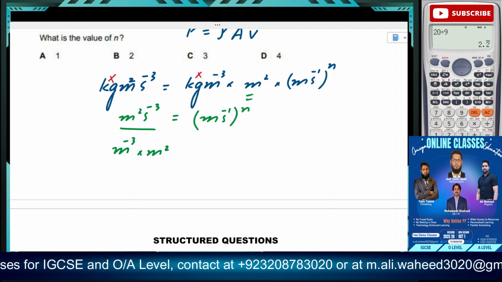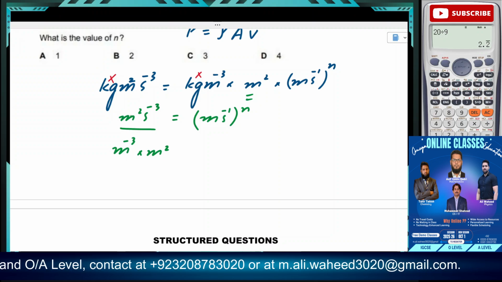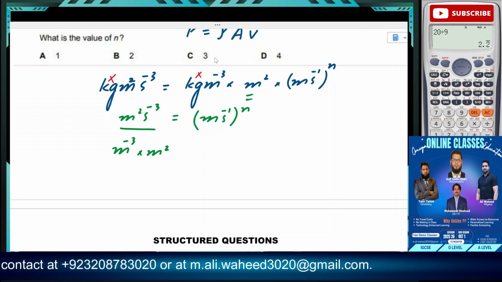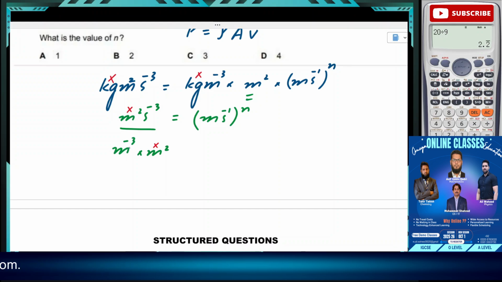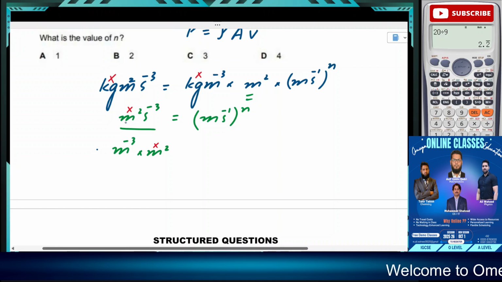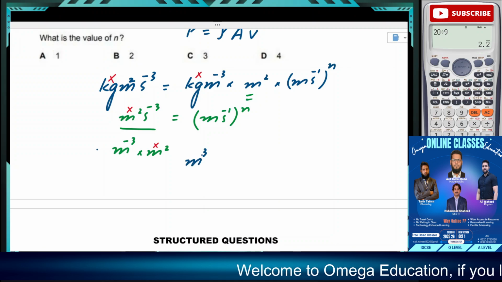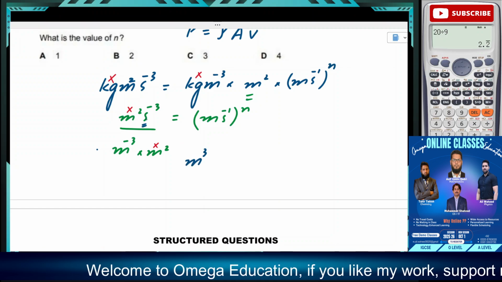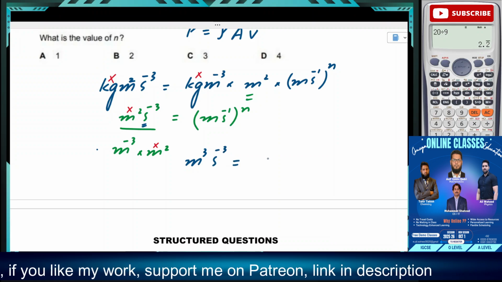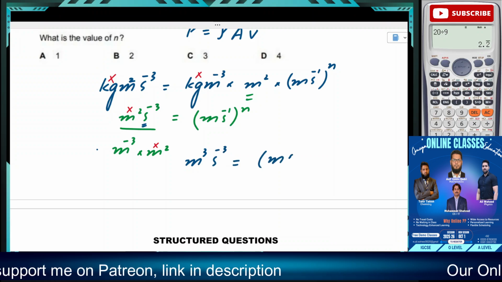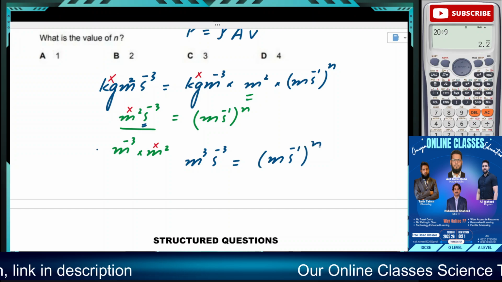Now let me do some cancellation on the left side as well. So m2 cancelled away with m2. What are you left with? You're left with m minus 3 downstairs. If you take it upstairs, it would be m3. Alongside m3, you have s minus 3, s raised to the power minus 3, and ms minus 1 raised to the power n.